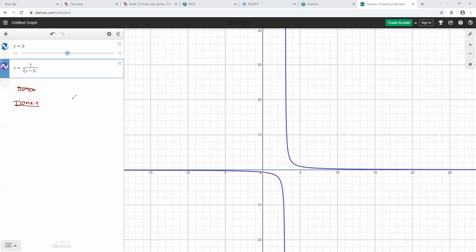So is there any x value that we could plug into the formula and get a division by 0 again? So what do you think, Griselda? If we put a positive 3, it would equal 0 again. Very good. Perfect.